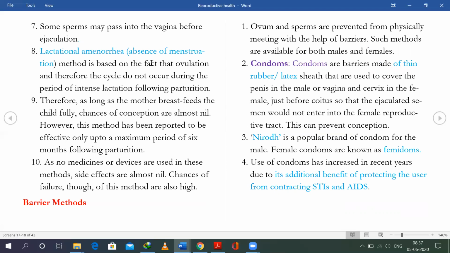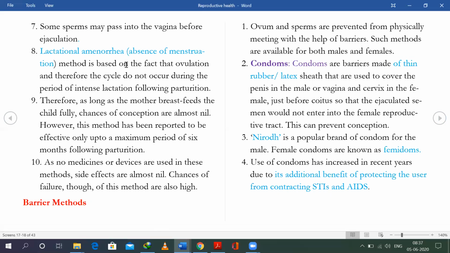At times there is a risk that some spermatozoa may slip out in the pre-ejaculatory fluid, right? So accidentally they may slip out and they may be released into the vagina. So there is a chance that it can fail.